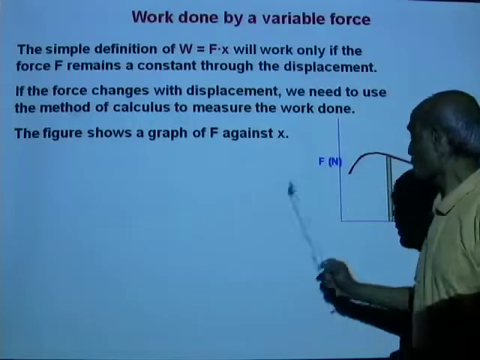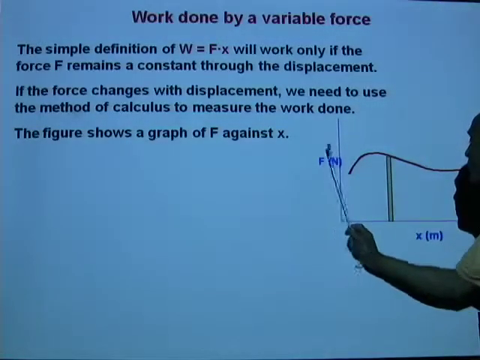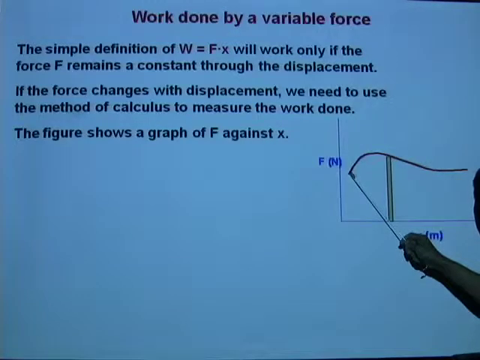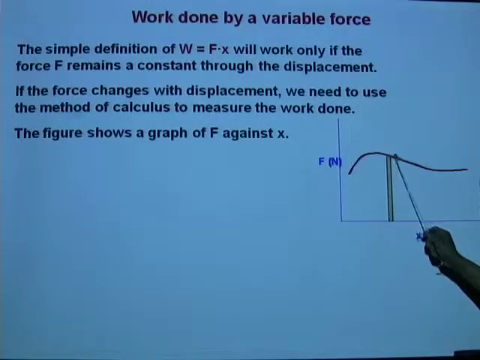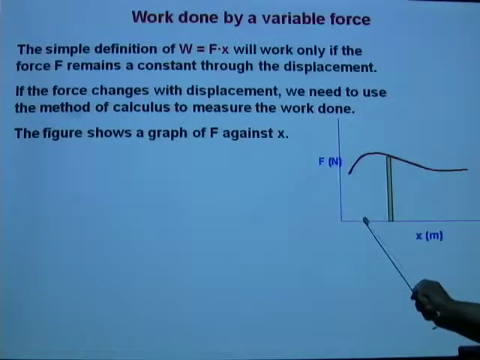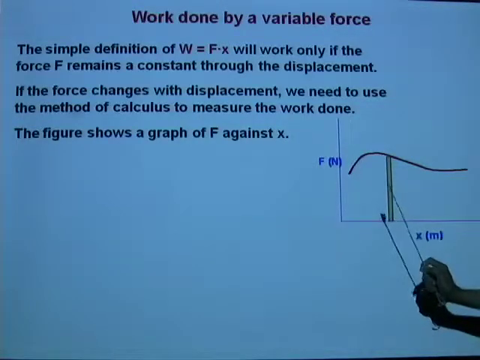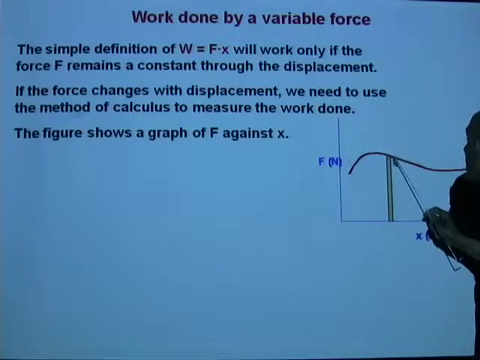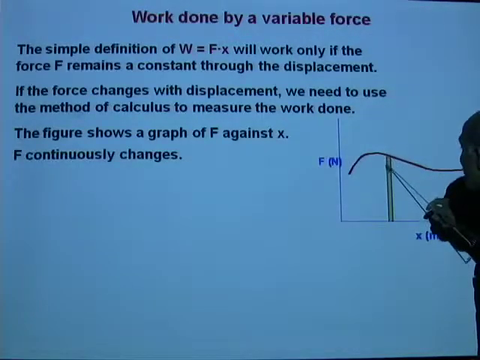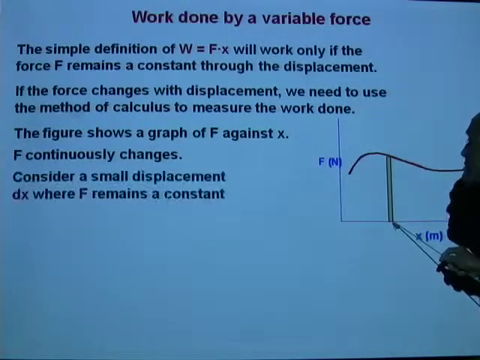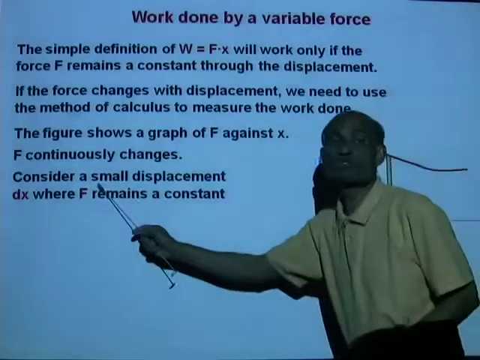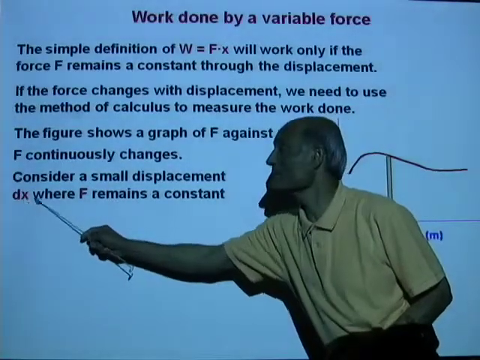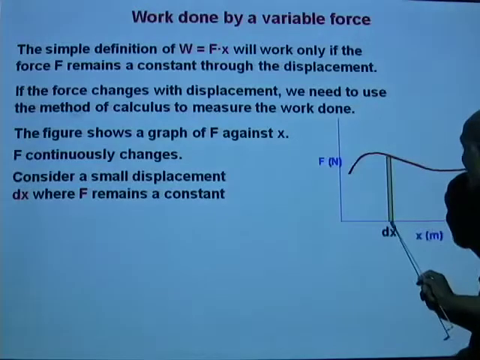Now look at this graph of force against displacement. You can see the force does not remain constant throughout the displacement. So how do we measure the work done? We take a very small strip of displacement dx, where the force remains constant.